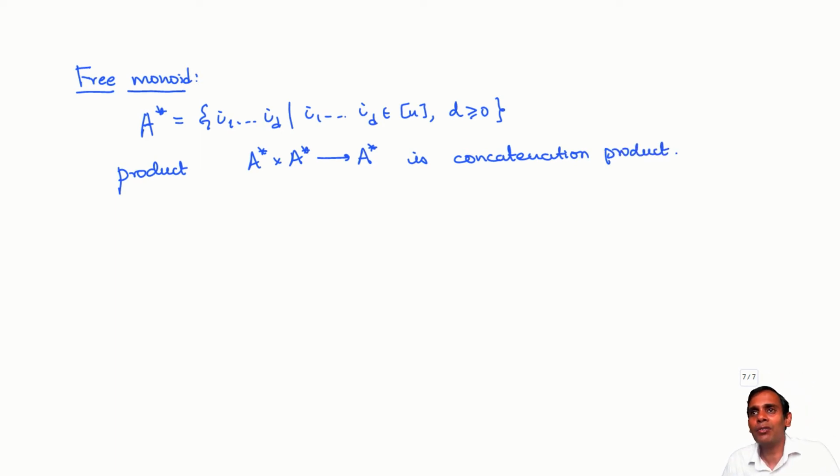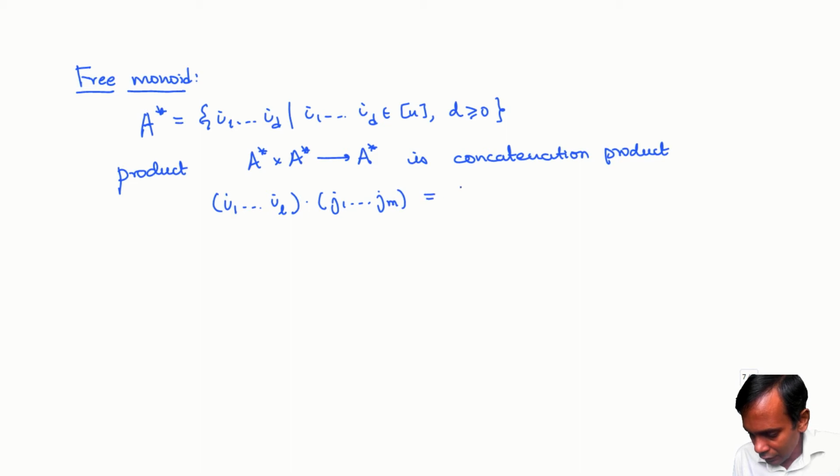So concatenation of words means if you have two words, you just write one word and then write the next word after it. So if you have i1, ..., iL and you want to multiply it with j1, ..., jm, it's just the word i1 ... iL, continuing on j1 ... jm.